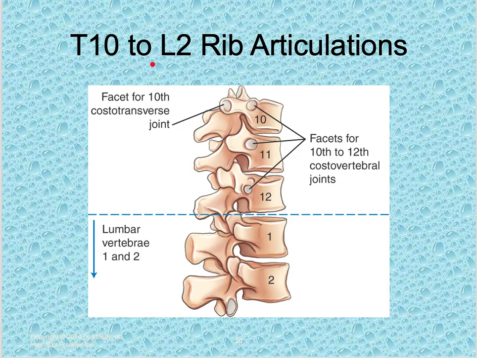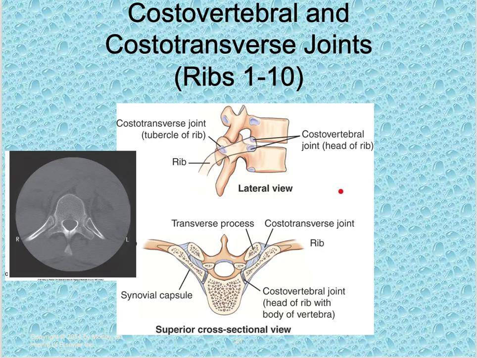This is just once again talking about the rib articulations for facets. So facets for rib 10, 11, and 12, since they just attach to one, they're not split, so they're not a demifacet, they're just a facet. Okay? We already went over this. This is review, costovertebral and costotransverse joints. When the head of the rib attaches to the vertebral body, that's a costovertebral joint.